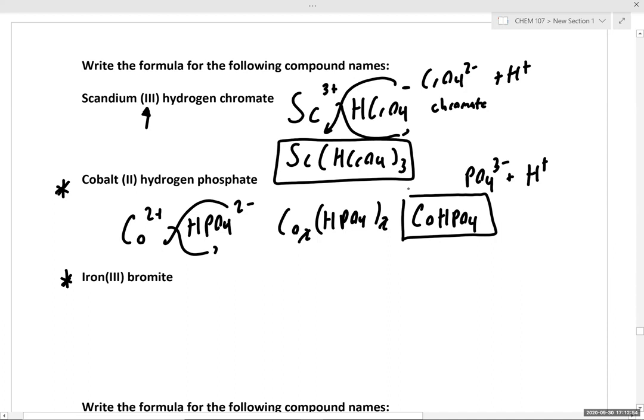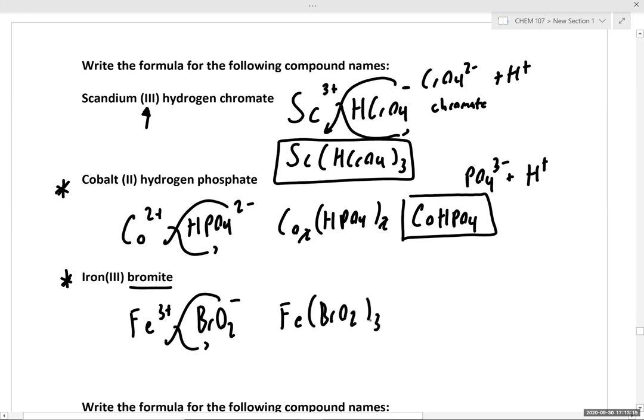Perfect. So for iron(III) bromite, iron(III) is Fe3+, bromite is BrO2-. We cross our charges, and that gives us Fe(BrO2)3.